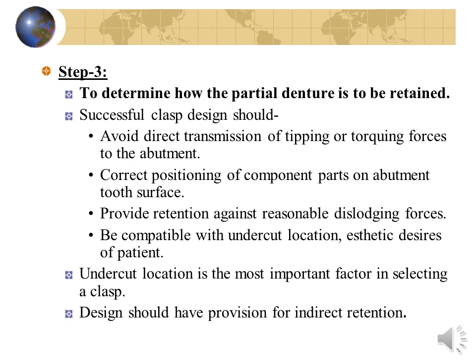The key to selecting a successful clasp design for any given situation is to choose one that will avoid direct transmission of tipping or torquing forces to the abutment, accommodate the basic principles of clasp design by definitive location of component parts correctly positioned on the abutment tooth surfaces, provide retention against reasonable dislodging forces with consideration for indirect retention, and be compatible with undercut location, tissue contour and aesthetic desire of the patient.